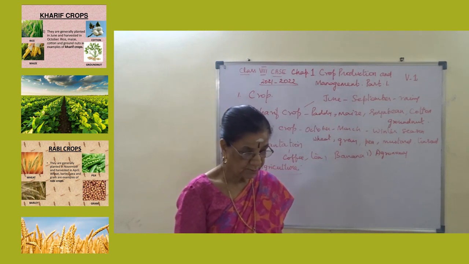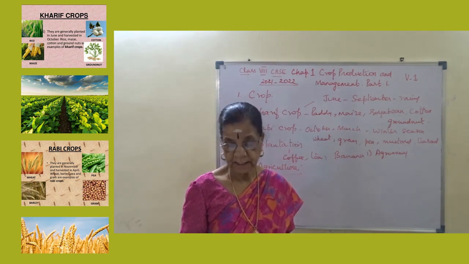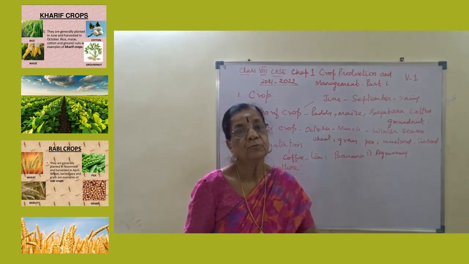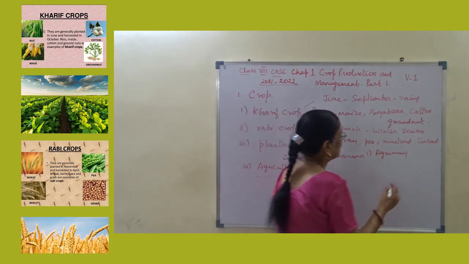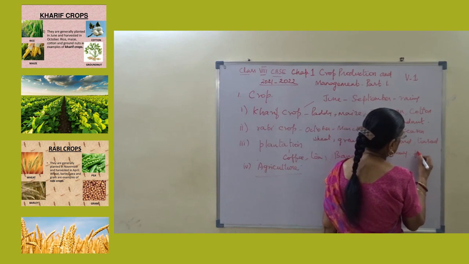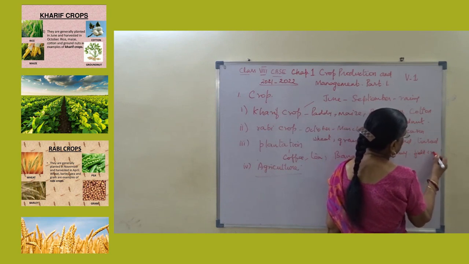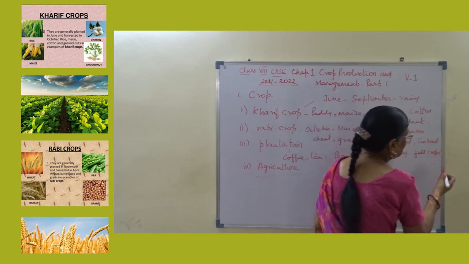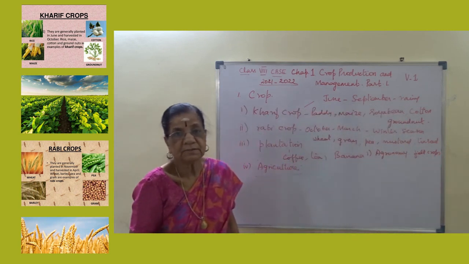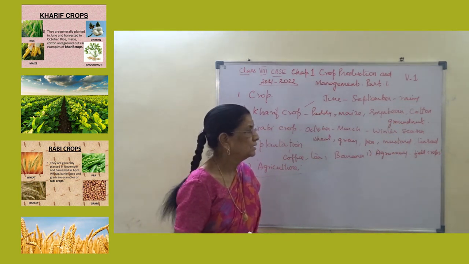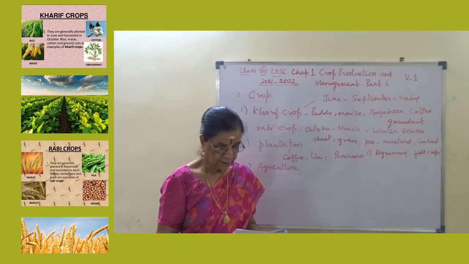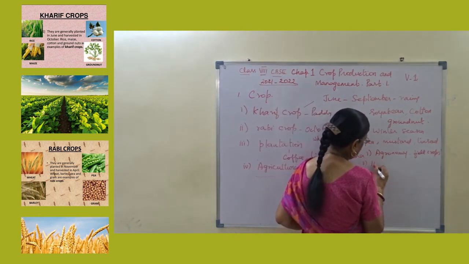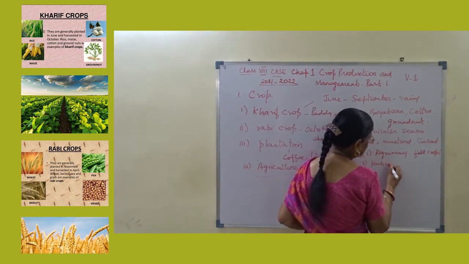Agronomy is a branch of agricultural science dealing with production of field crops. Field crops means paddy, rice, wheat. And the second one, horticulture.